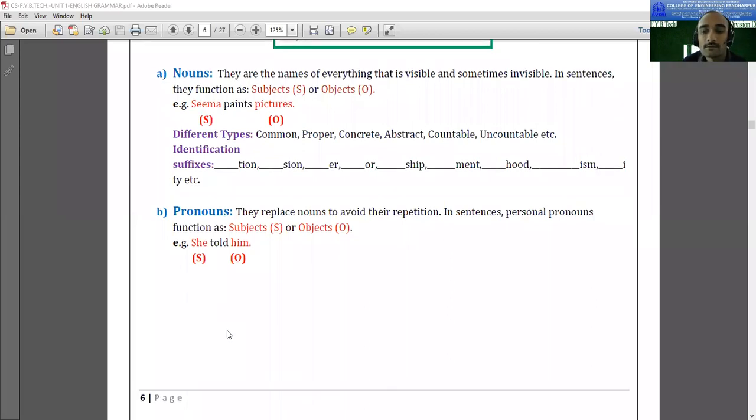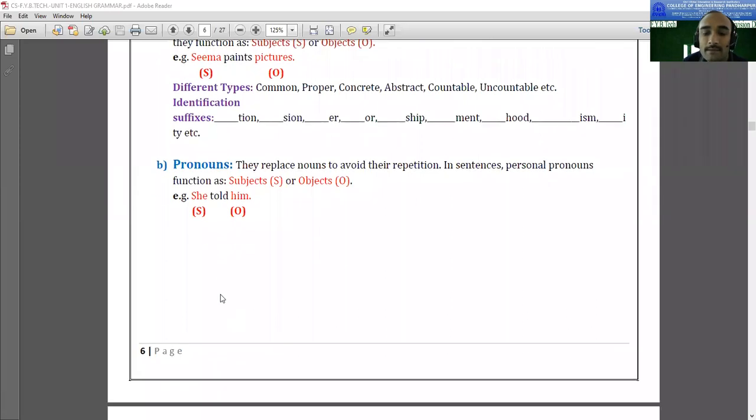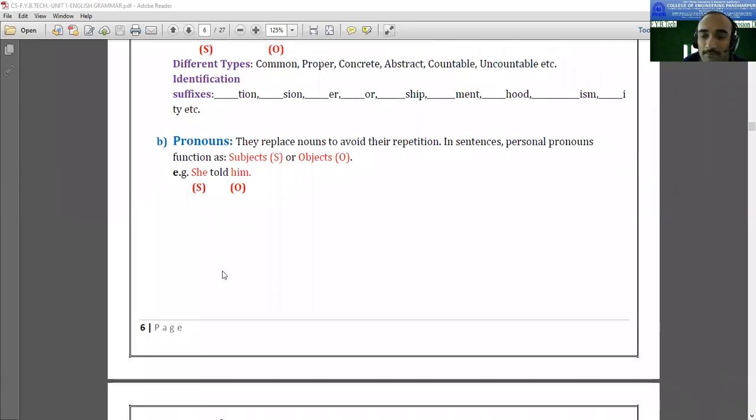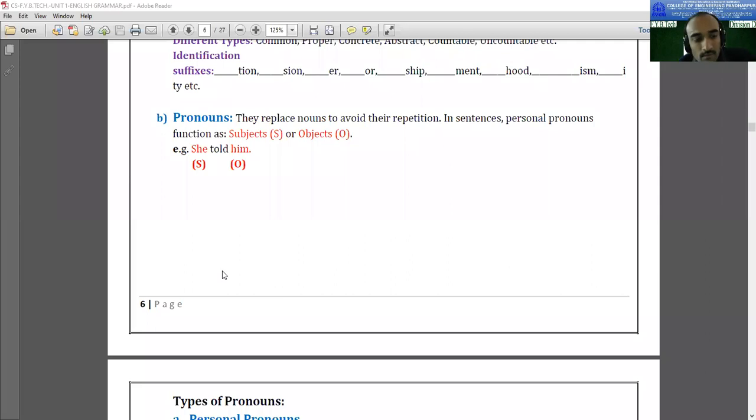So let's see the next part, that is pronouns. What are pronouns? Tell me the definition. A pronoun is a word that can replace a noun in a sentence. Correct. Any word that replaces a noun to avoid repetition of the noun.